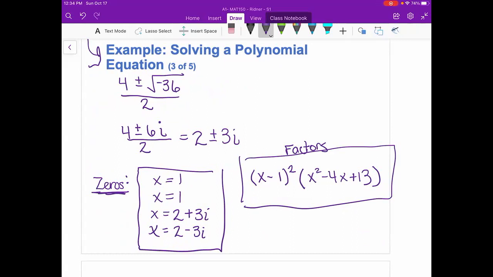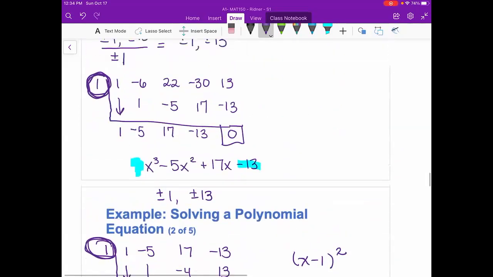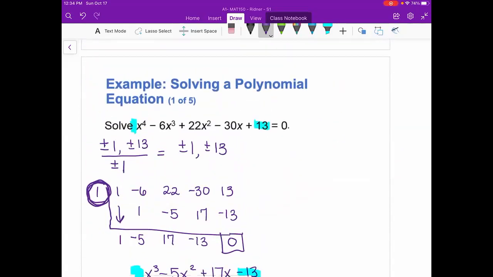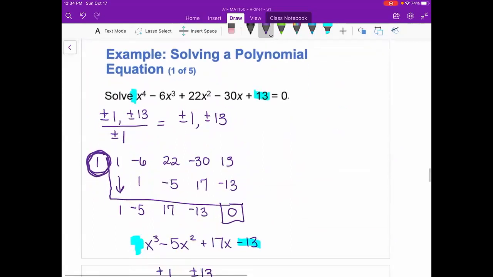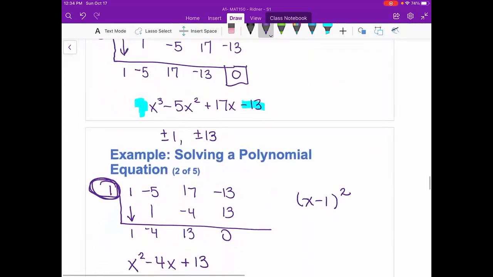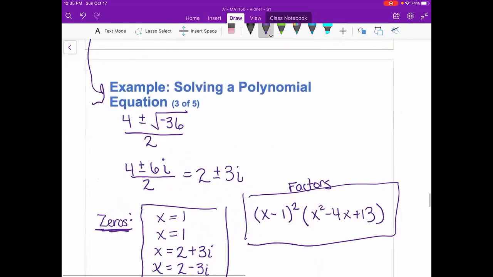Well, I would multiply them all back out. I would do x minus 1 times x minus 1, which would give me x squared minus 2x plus 1. Then I would multiply that by x squared minus 4x plus 13. Notice that's a whole lot of work, but my end result should be x to the fourth minus 6x cubed plus 22x squared minus 30x plus 13.